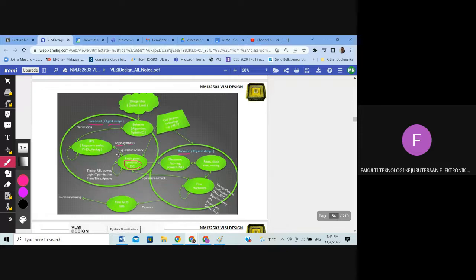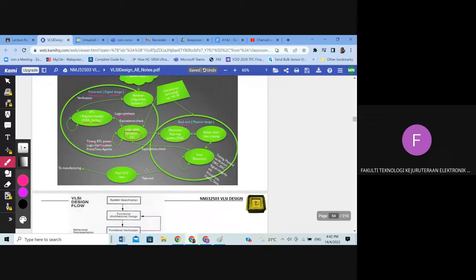But that is not part of the implementation of a chip; that's a part of simulation only. When we perform the logic synthesis, we will also do timing simulation, power optimization, and also area optimization.